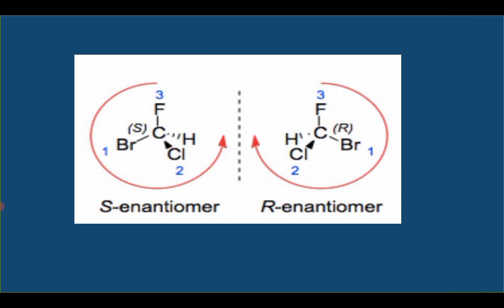Okay, so the priority sequence is decided by the sequence rule. Atoms directly attached to the chiral center carbon are arranged in decreasing atomic number. So for this sequence, the atomic number of bromine is greater than chlorine, the atomic number of chlorine is greater than fluorine, and the atomic number of fluorine is greater than hydrogen.